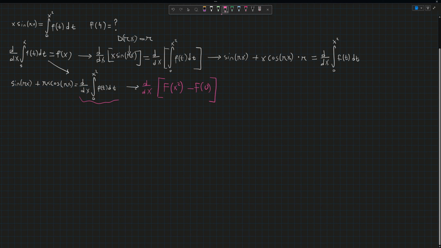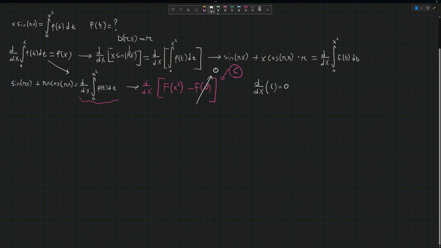Now I want you to notice that capital F evaluated at 0 is just going to be a constant, because it could be any continuous function. And if you remember from Calc 1, the derivative of a constant is equal to 0.